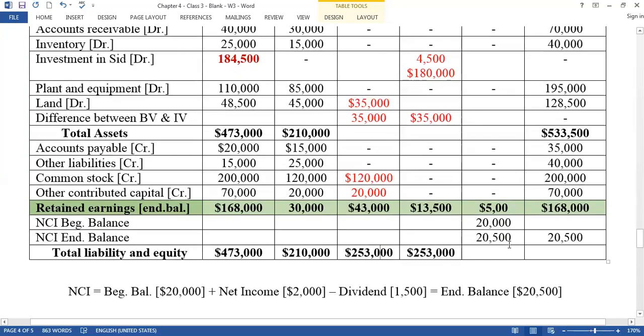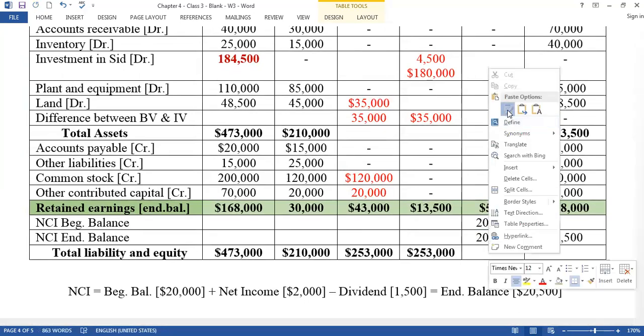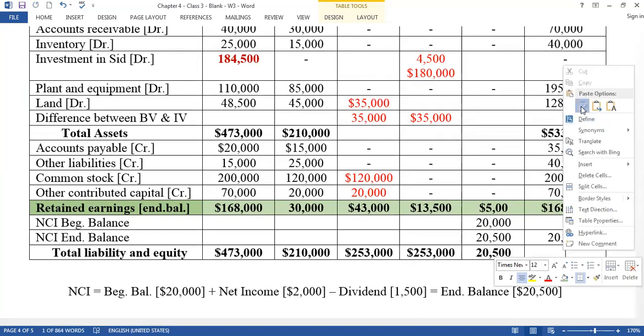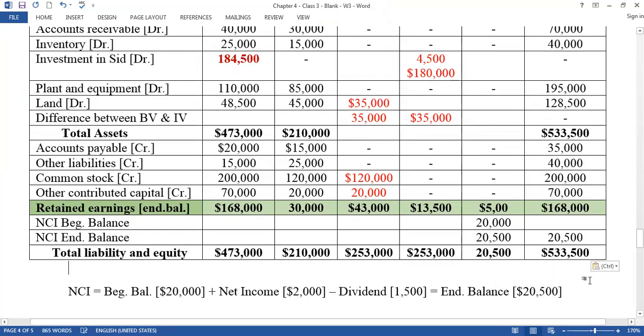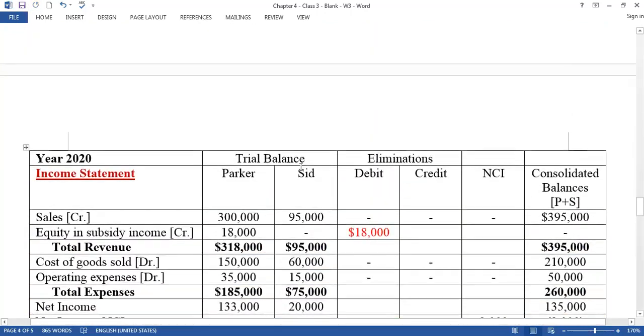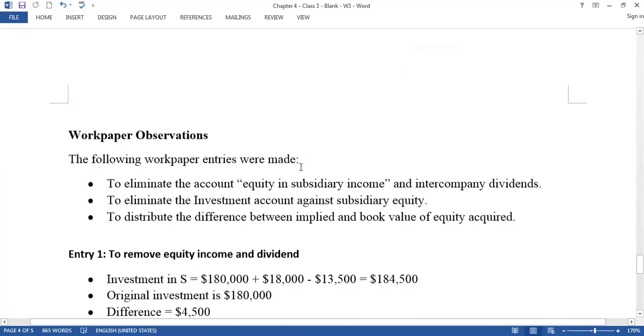Here the ending balance is 20,500, and this is the total amount. So this is about the equity method.